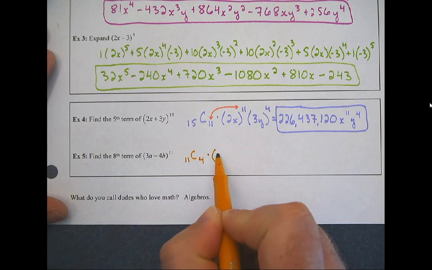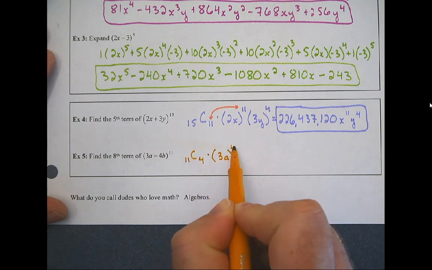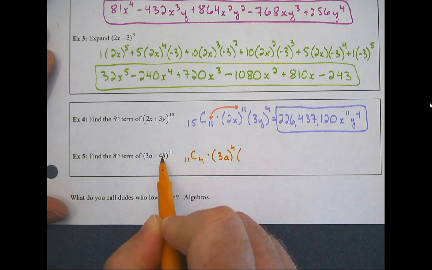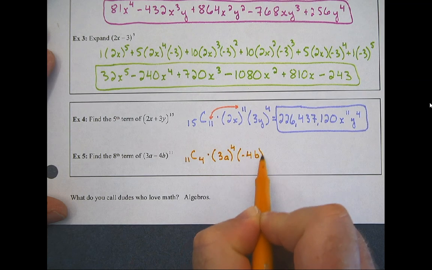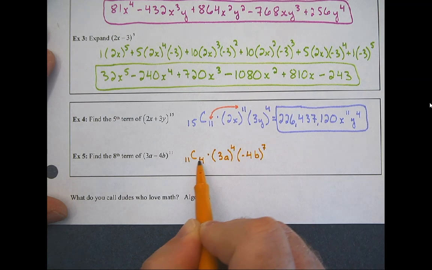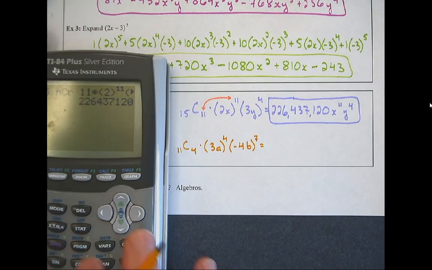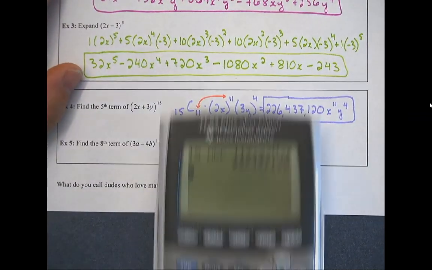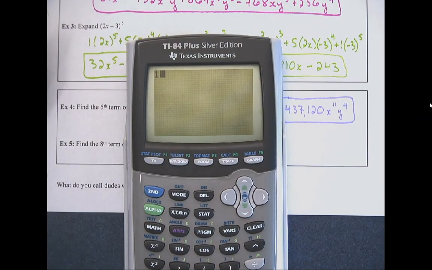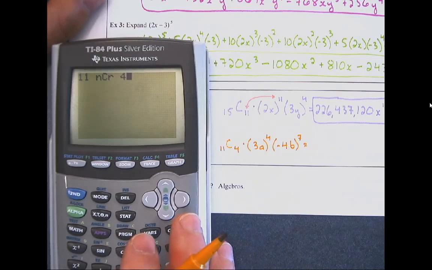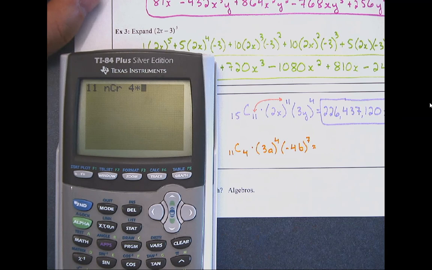Times my first term, which is 3a. Remember, the exponents of these would be the same, or you can count through it again. My second term was negative 4b. 4 plus 7 adds up to 11. Okay, now I have to compute what this number is. So I'm just going to put it over the top. 11 choose 4 times the quantity of 3 to the 4th times the quantity of negative 4 to the 7th.